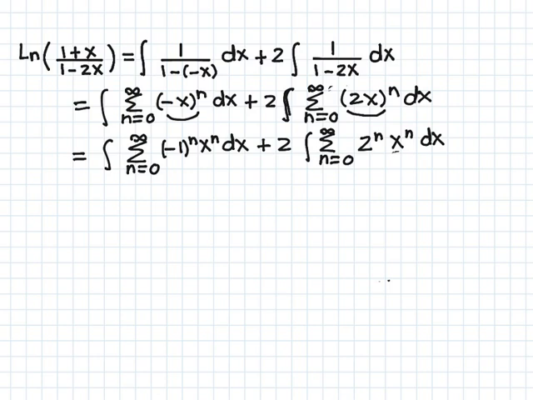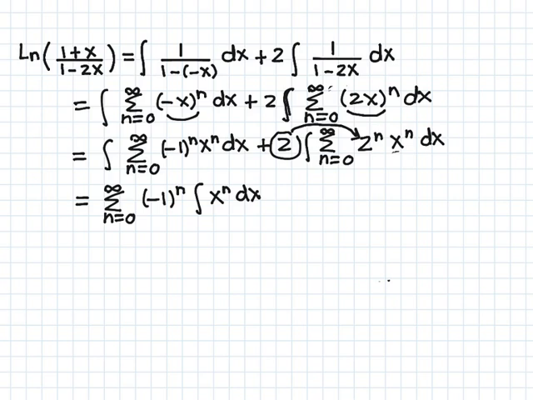All right, now the integral of a sum is the sum of the integrals. So we can write this as the summation n equals 0 to infinity. We can put negative 1 to the power of n in front of the integral. And we integrate the part that involves x, the integral of x to the n dx. Now this 2 is a constant. It passes right through the integral, so we can bring it inside this summation and multiply by 2 to the power of n.